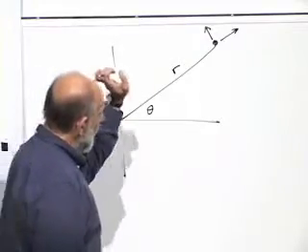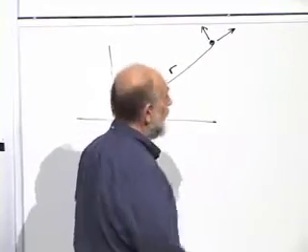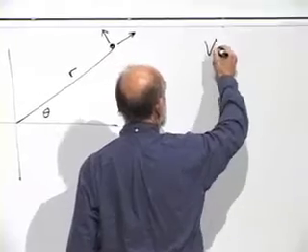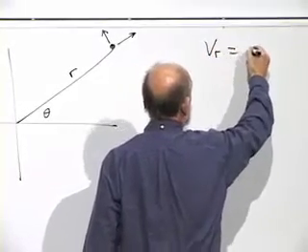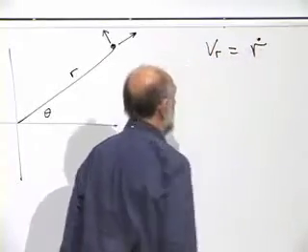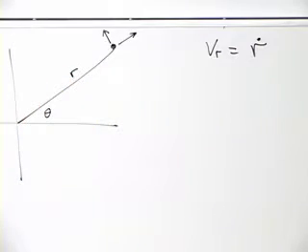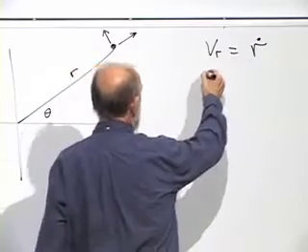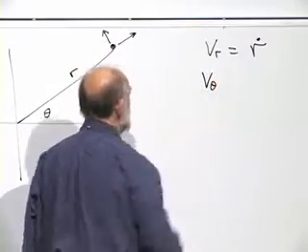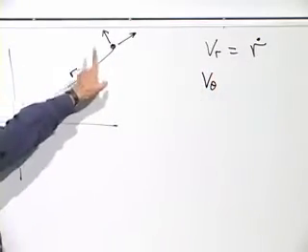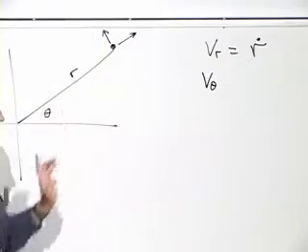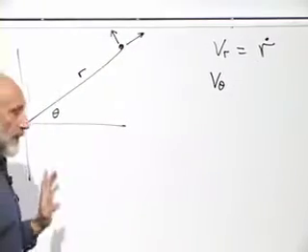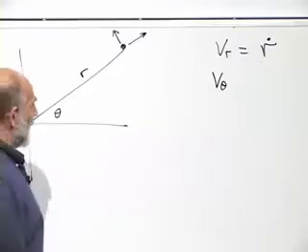The component of the velocity along the radius vector, let's call it v sub r, is just r dot, the time derivative of r. The other component, let's call it v theta, means the component of the velocity in the direction perpendicular to the radius. That's not theta dot, but it's r times theta dot.